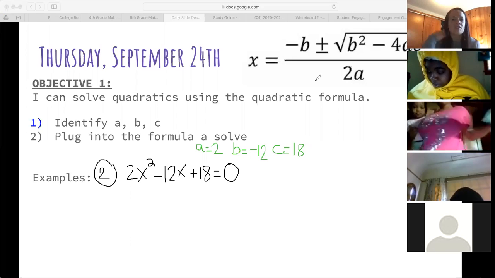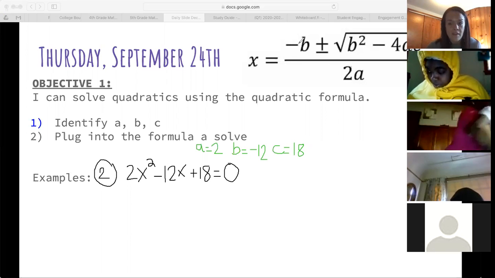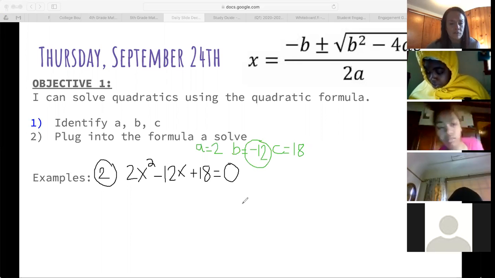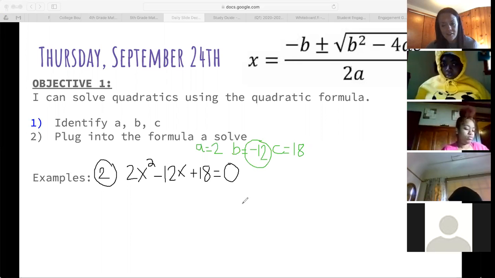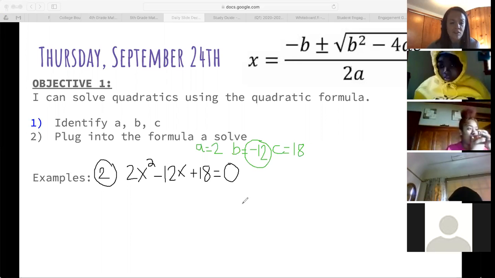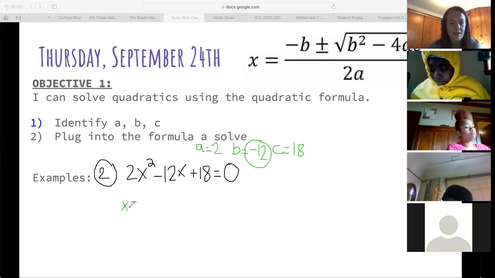So biggest question is here, my formula says negative B plus or minus negative B. Well, my B is already negative. So guess what we have to do? If it's already negative and they want it to be negative, 2 negatives are going to cancel to make a positive. So this is actually going to be a positive 12. So x equals positive 12.